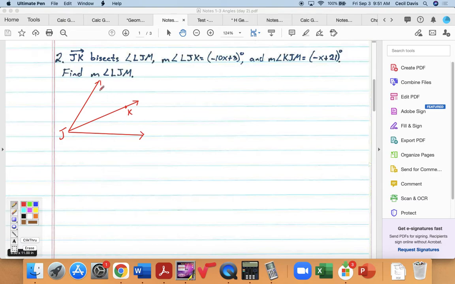So JK bisects angle LJM. So I know that these two angles are congruent, so I need to mark those two. So angle LJK is negative 10x plus 3. And KJM is negative x plus 21.